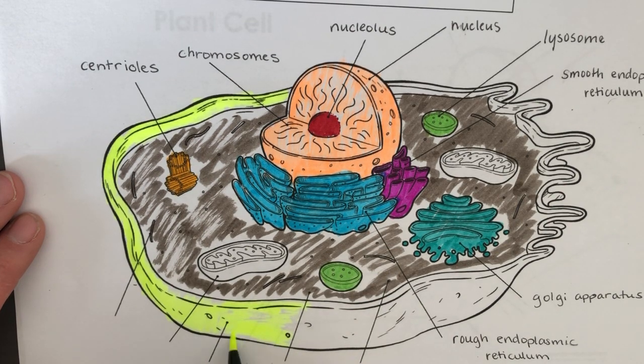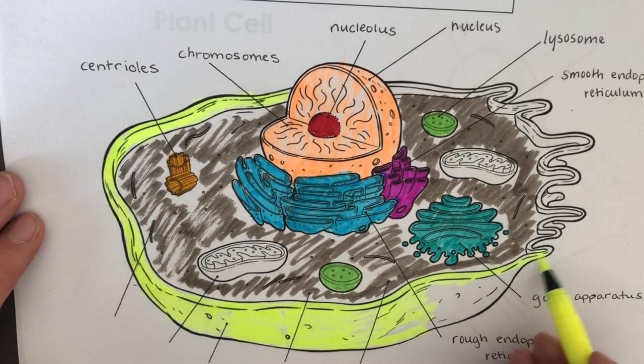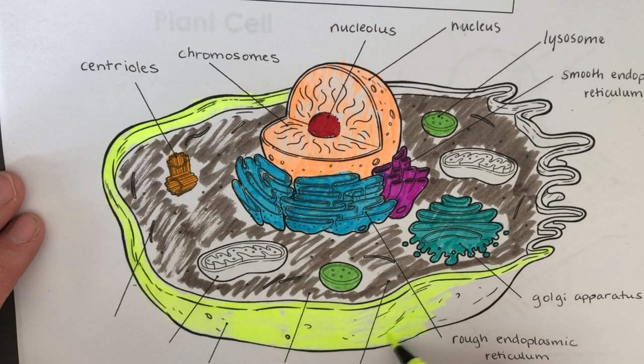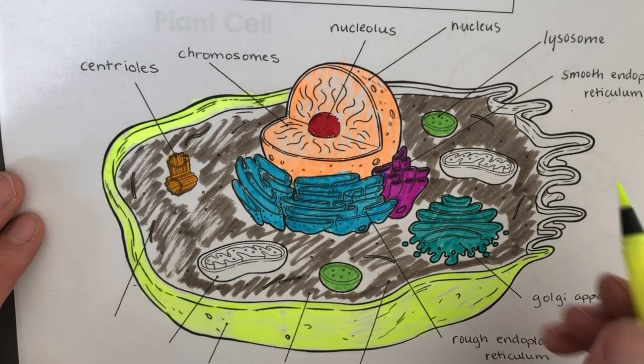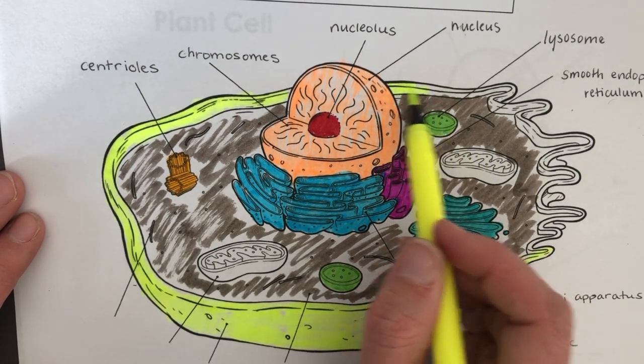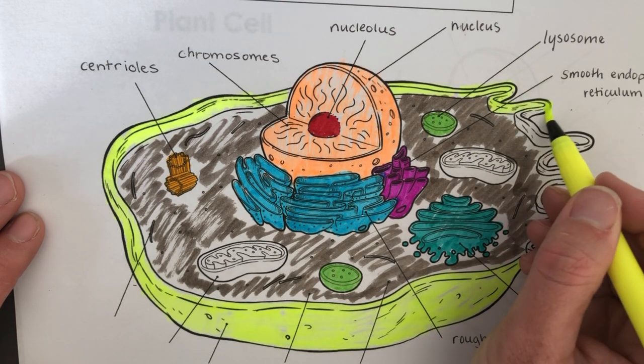It'd just be a bunch of parts that would float away inside of the body. So in order for it to actually be held together and to be a cell, we've got to have this membrane surrounding it. Go all the way around, get the parts up here that we can see.